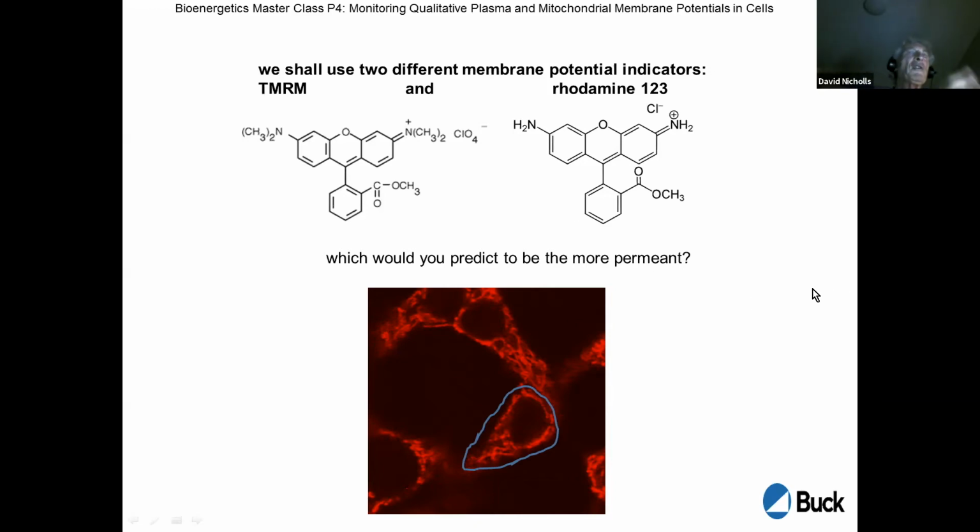So how do we actually do this? What we're dealing with is single cell fluorescence. So here's a high resolution image actually of one of our insulin secreting cells. And you can see the individual mitochondria there.